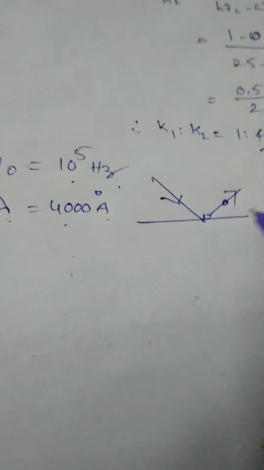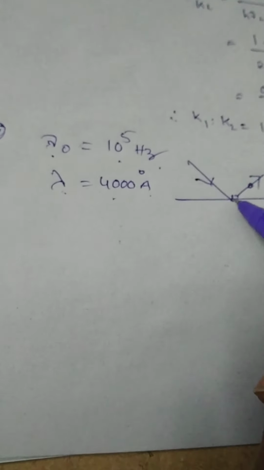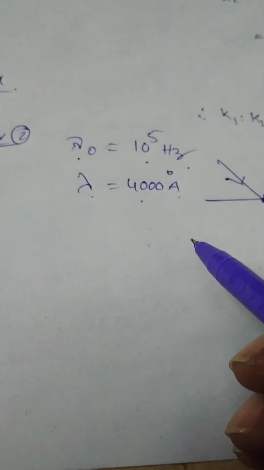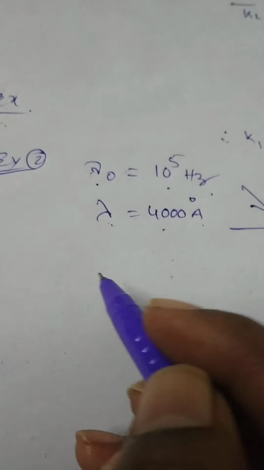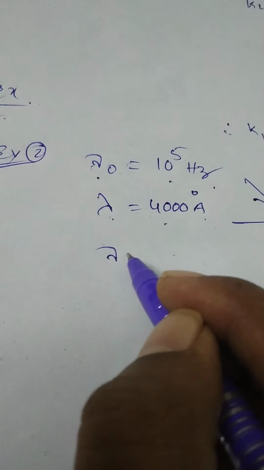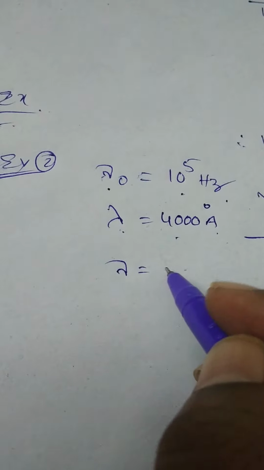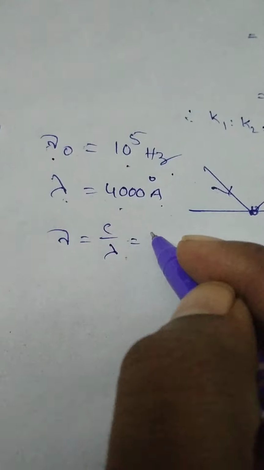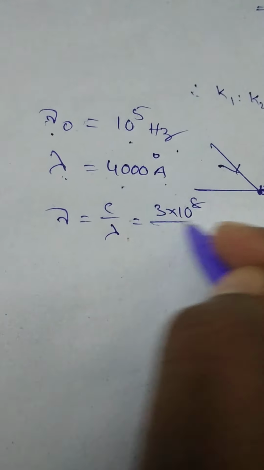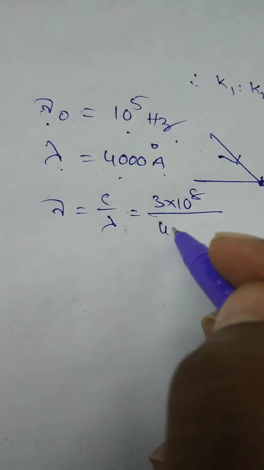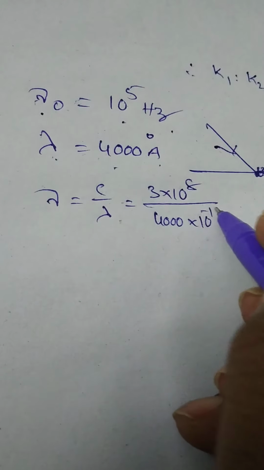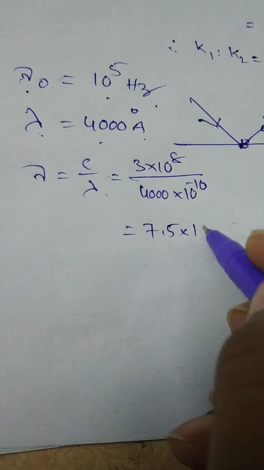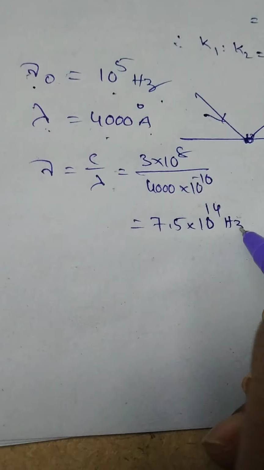Find the photoelectric current, means I is equal to Q by t. First of all, we will check whether photoelectrons are emitted or not. So let us find the frequency of the incident photon. Frequency of the incident photon is equal to c by lambda, because c is equal to nu lambda. c is equal to 3 into 10 to the power 8 by lambda is equal to 4000 into 10 to the power minus 10. It is 7.5 into 10 to the power 14 hertz.